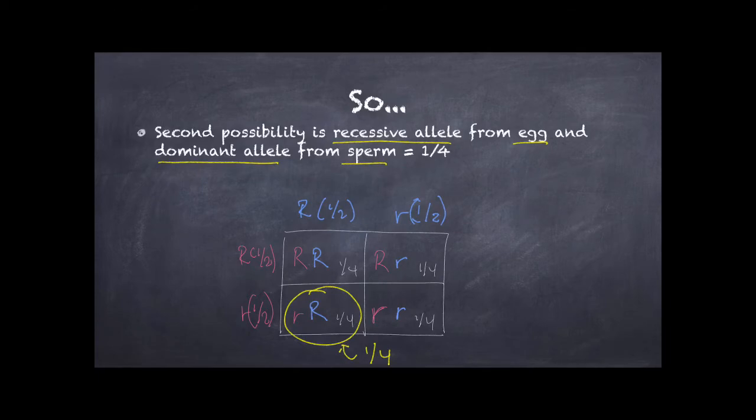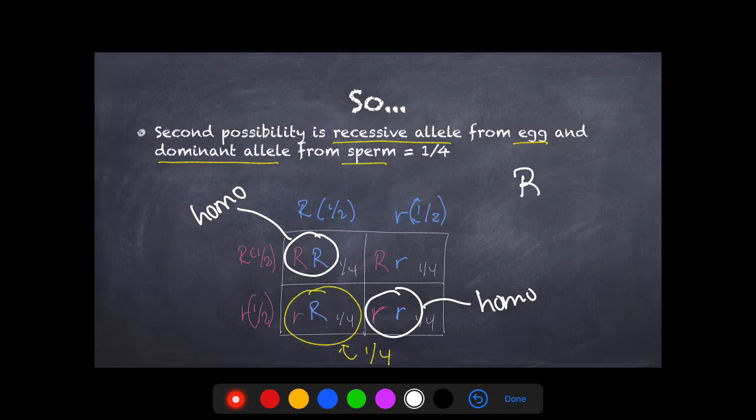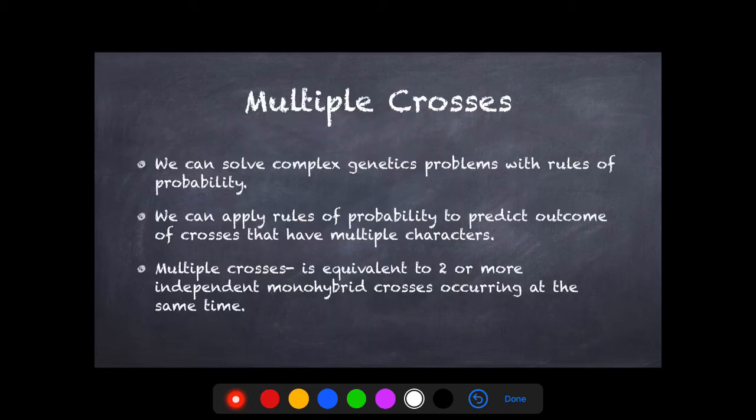Because if you remember, let me show you here. In this one, you can see that the other options, which are big R, big R and little r, little r, they're homozygous, right? But we're not looking for homozygous, we're looking for heterozygous. And so the only way that we can get heterozygous is if it's big R and little r. And we have to break it down into which gamete. Is it the sperm that's giving the big R or the little r, or is it the egg that's giving the big R and the little r? And you have to add those two probabilities together.